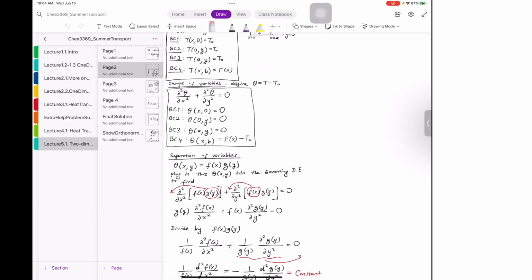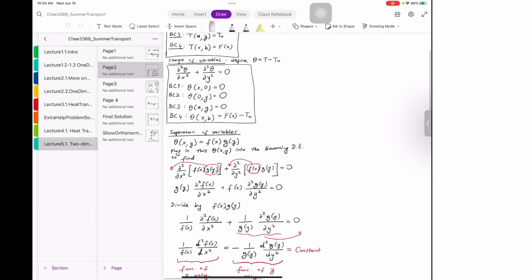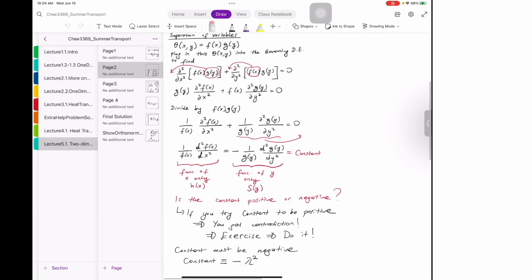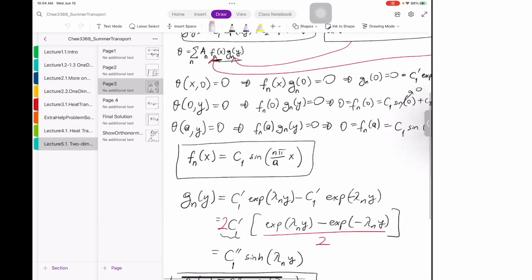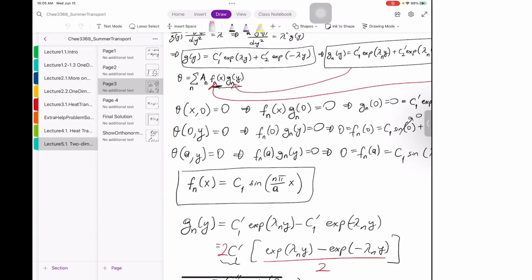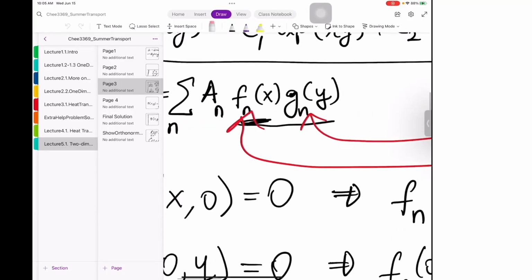We did not non-dimensionalize the equation, but we changed the variables from T to theta just to make the boundary conditions simpler. Instead of T0, we were having zeros in the boundary condition, 3 of the 4 boundary conditions. And then the simple boundary conditions gave us theta as a sum of functions, which are basically f of x times g of y, and that's what we got.